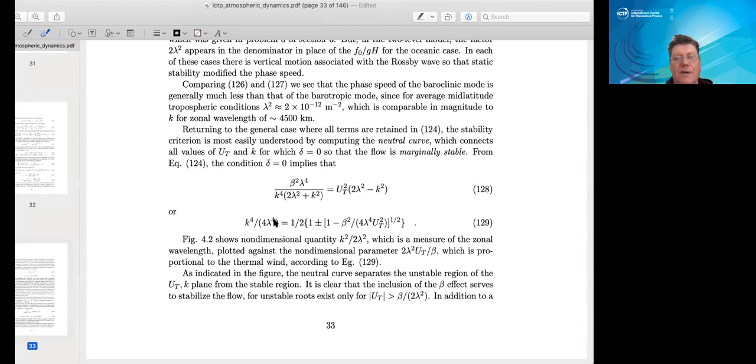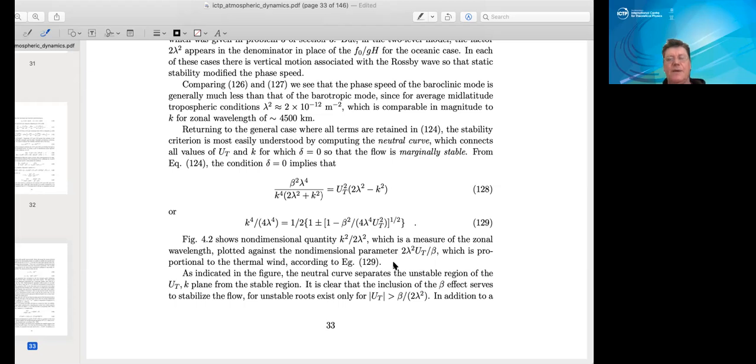And you can work out that this is equal to 1/2 square root of this expression here, where we have another dimensionless quantity appearing. So this 2 lambda square UTB is another dimensionless quantity.